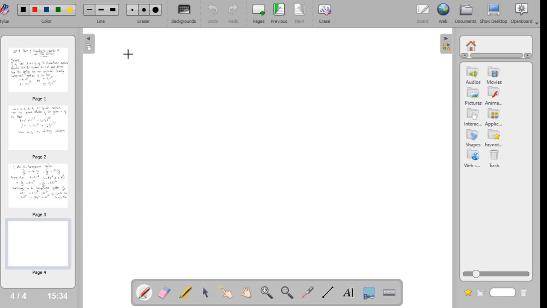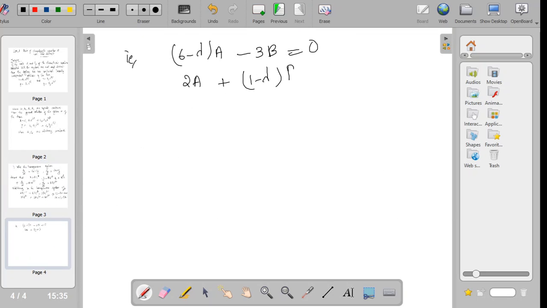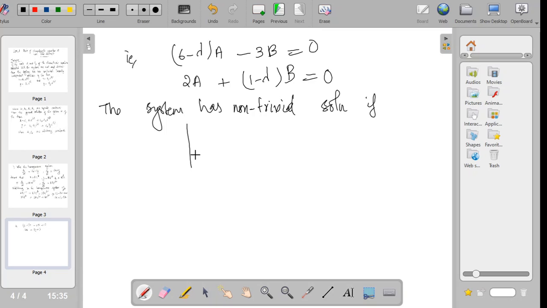That is (6 minus lambda) a minus 3b equal to 0 and 2a plus (1 minus lambda) b equal to 0. The system will have a non-trivial solution if the determinant is equal to 0.